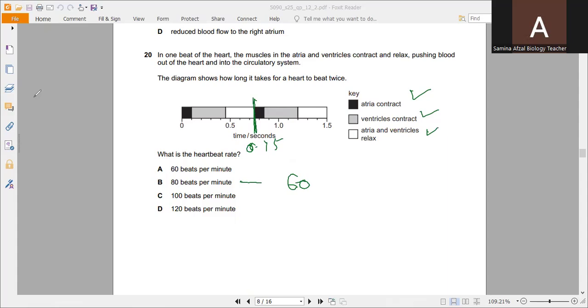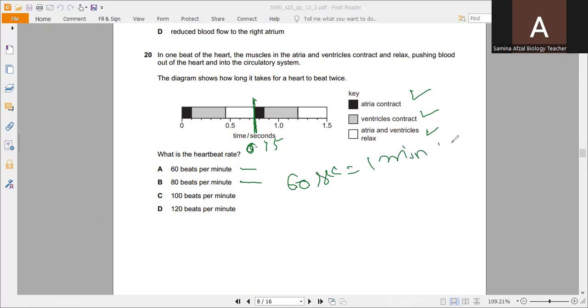One beat takes 0.75 seconds, and the first option is 60 beats per minute. Now we have to find out the correct option. In option B it is 80 beats per minute, in C 100 beats per minute, and in D 120 beats per minute. You know 60 seconds are equal to 1 minute.